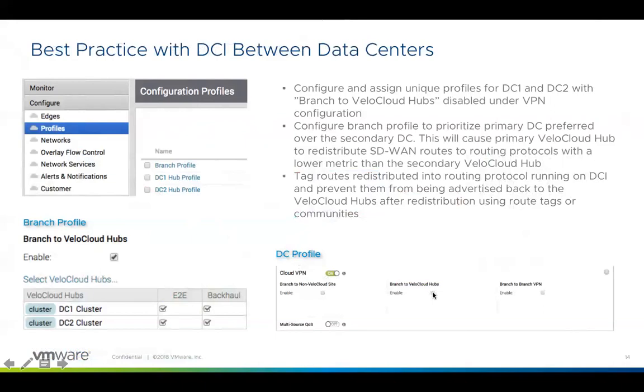We do not check either branch to VeloCloud hubs or the branch-to-branch VPN. So in that case, there will be no overlay tunnels established between data center 1 hub and data center 2 hub. For the branch, it's the same. You can basically choose the two data center hubs, in this case the two data center clusters, in order, and prefer data center 1 over data center 2.